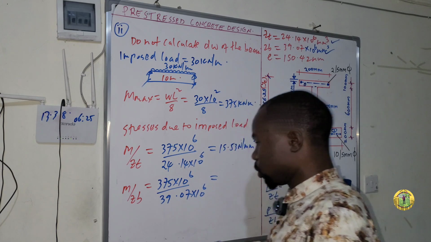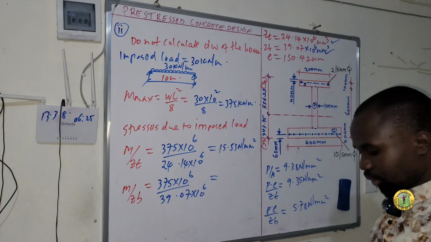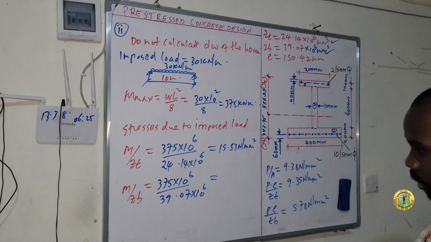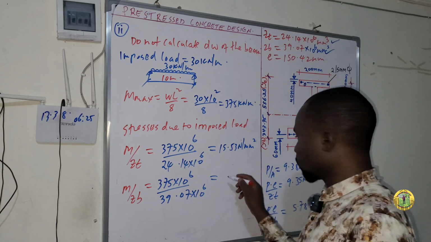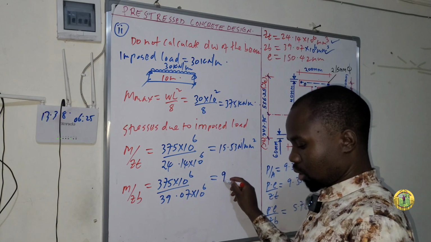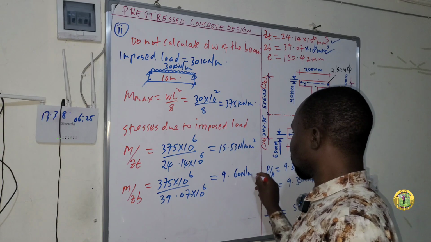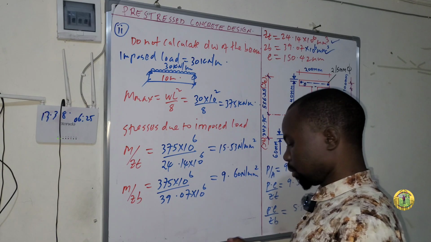So this is 375 divided by 39.07. So this is 9.60 Newton per millimeter square.